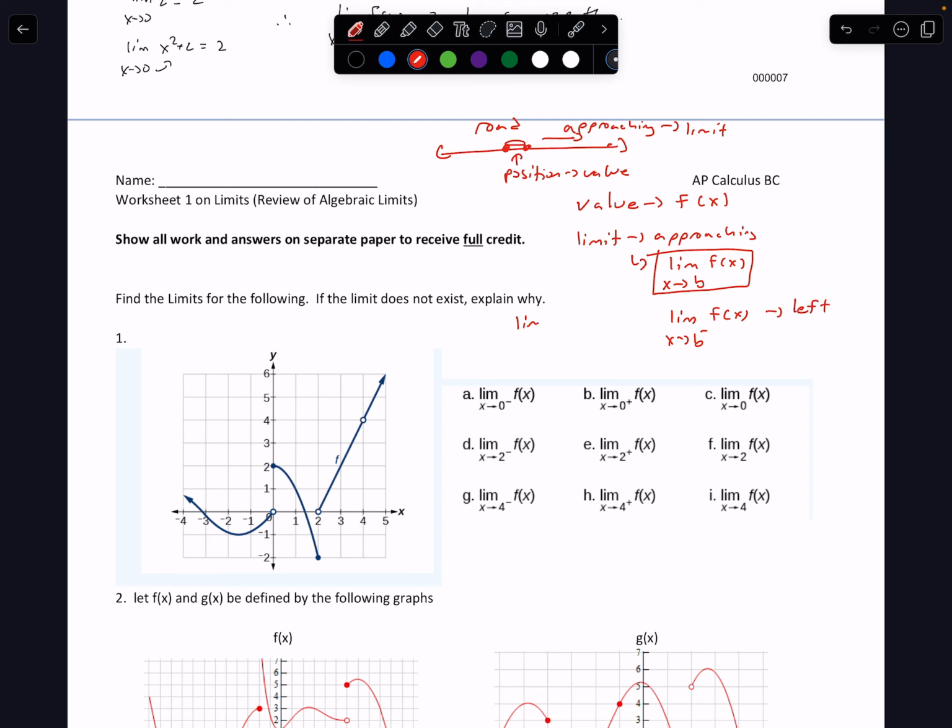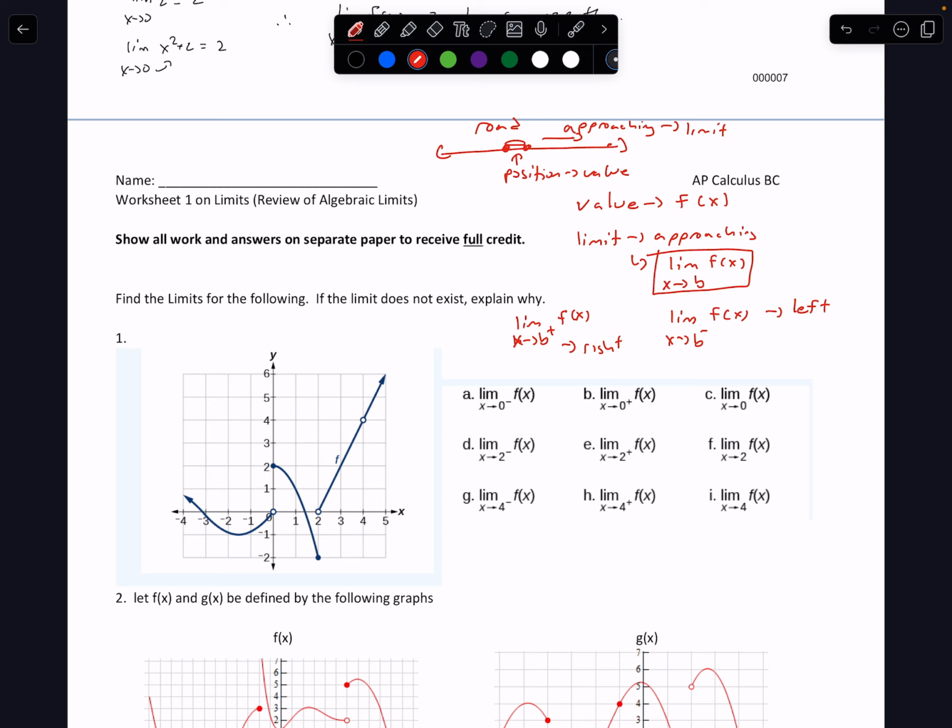Likewise, if we have x approaches some b from the plus side, this means we are approaching from the right-hand side limit. Now, ideally, for the limit to actually exist, they have to be equal.